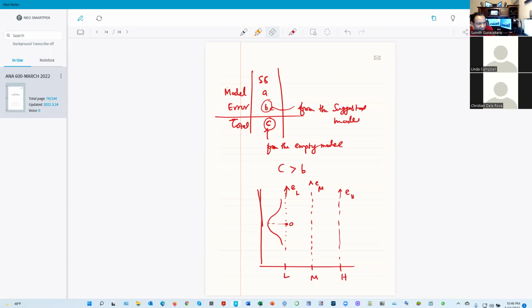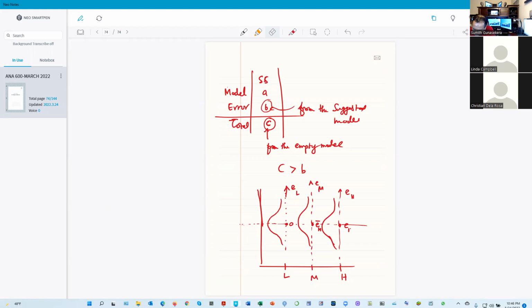Let's say this is my 0 line. The error mean of the medium group is 0.